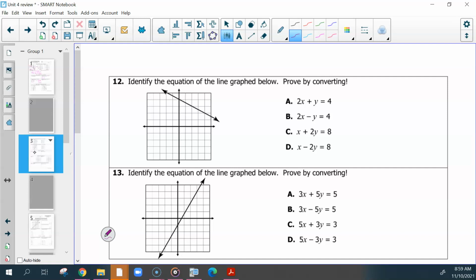Number 12 and 13 are really writing equations of graph questions and not really graphing or slope questions, but matching the graph to the equation still helps you determine slope and graphing. So remember that you'll have access to Desmos.